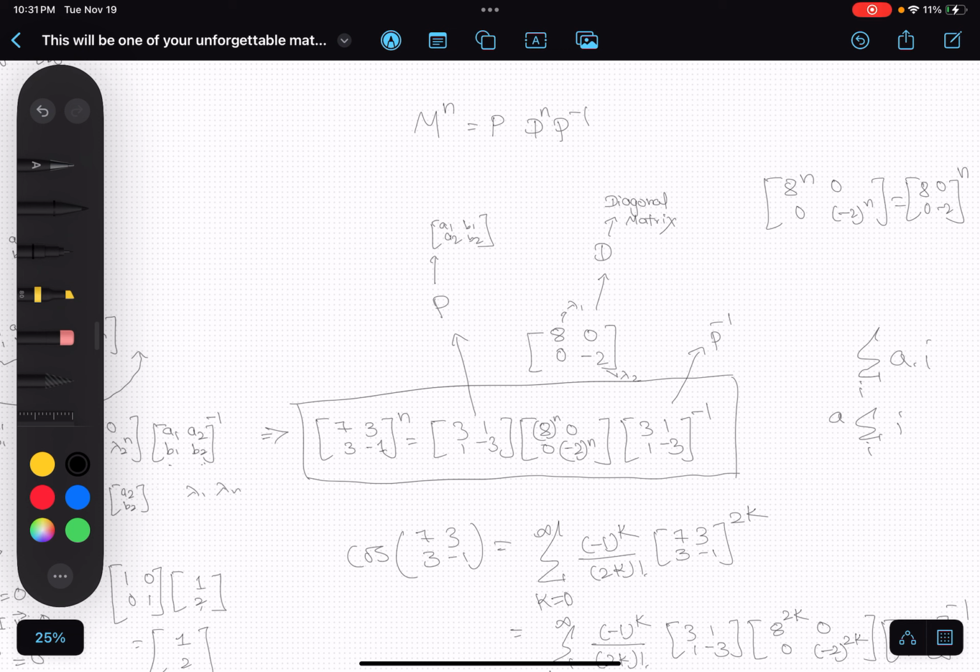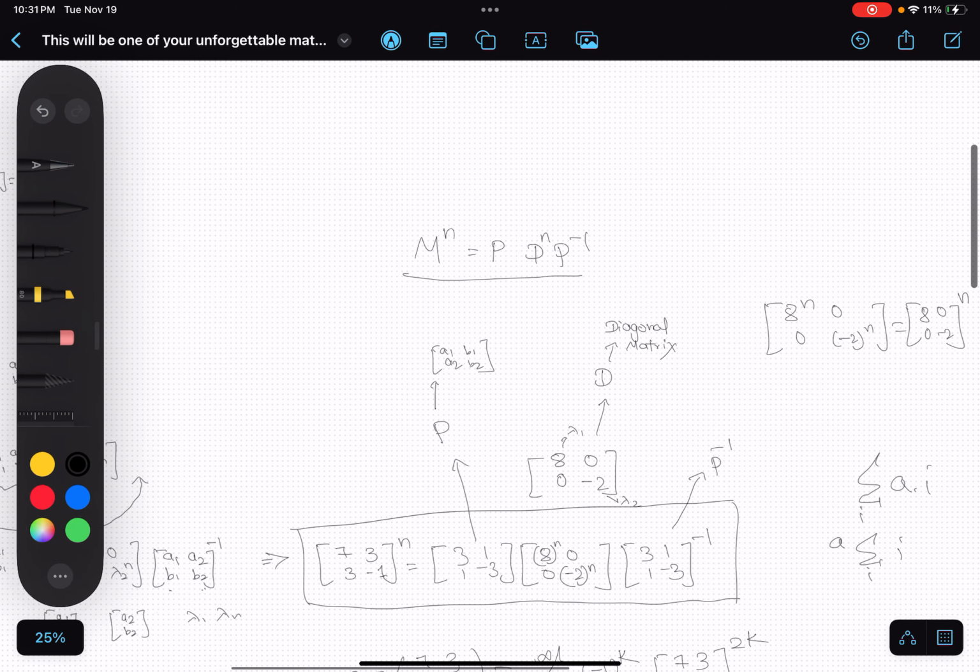So in this video we saw that this holds true. And if you substitute n as 1, M equals P D P inverse also holds true.